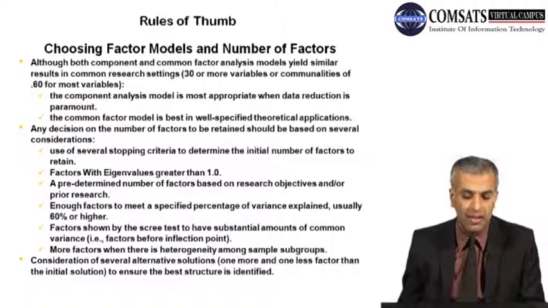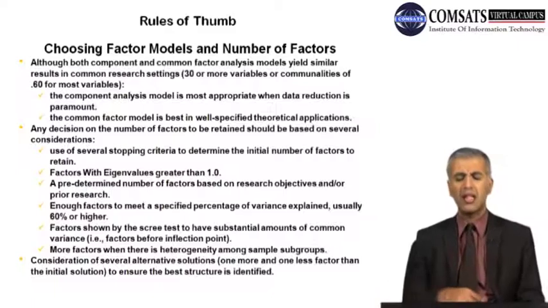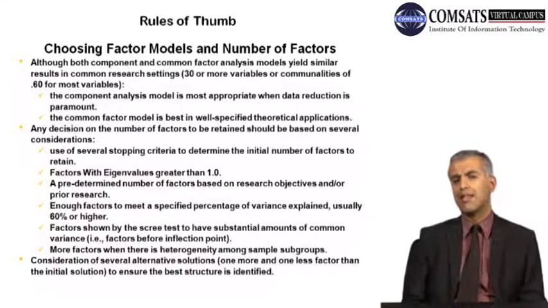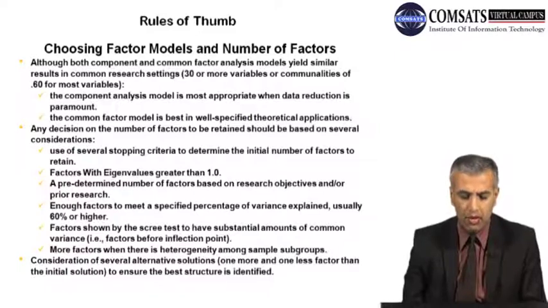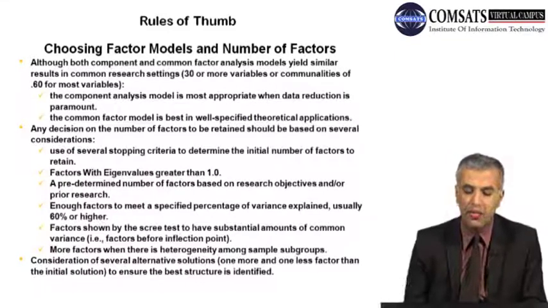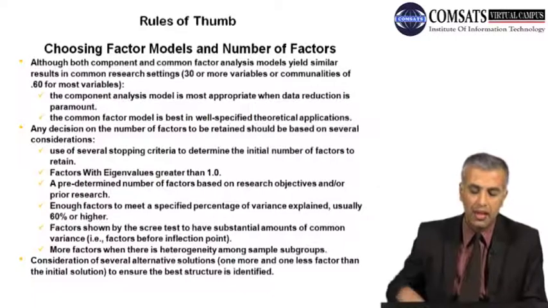Then, regarding how many factors can be extracted, factors with eigenvalues greater than 1 can be extracted. Then again, factors can be extracted based on the theoretical background, and the percentage of variance can also explain the factor derivation from there.